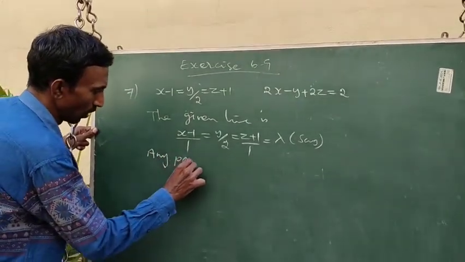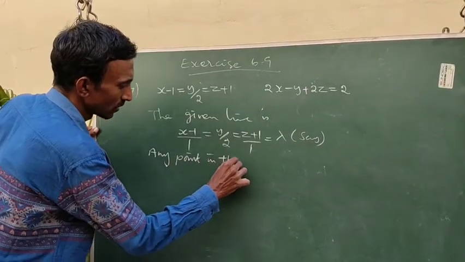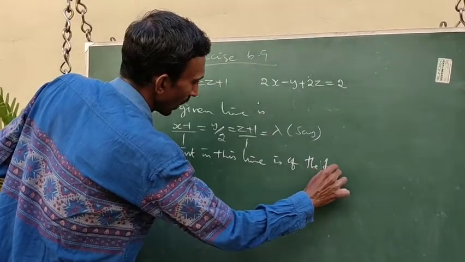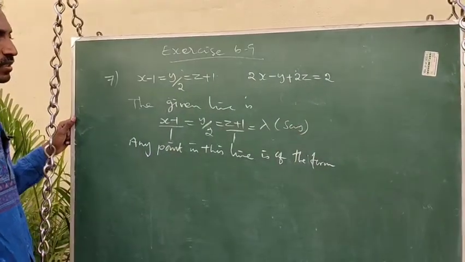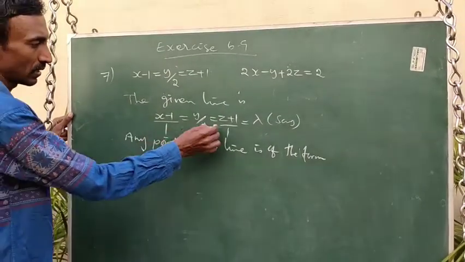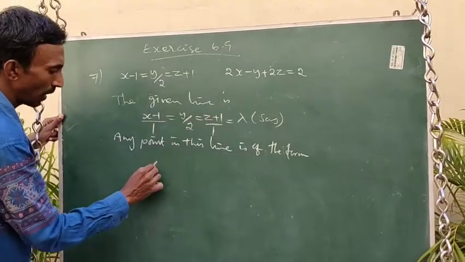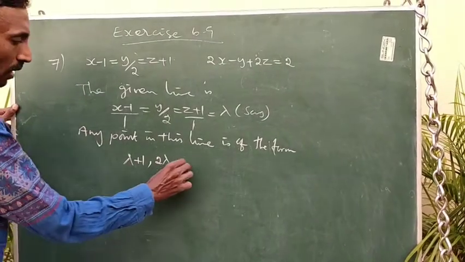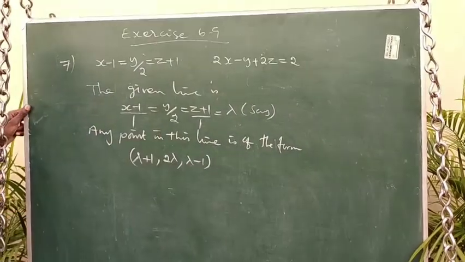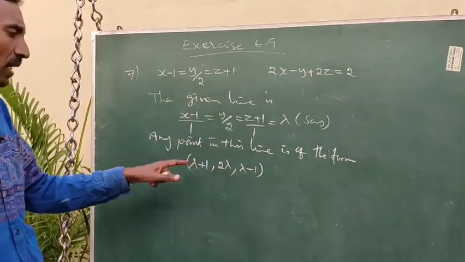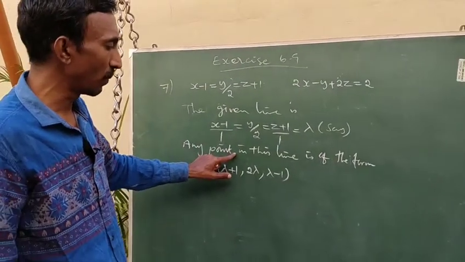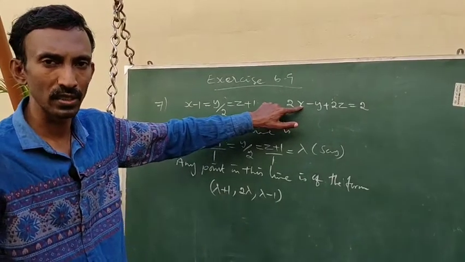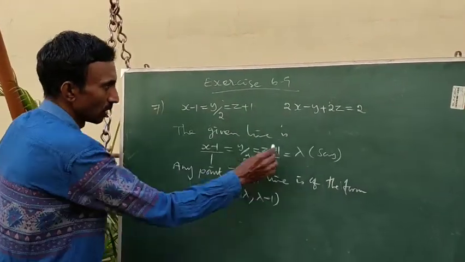Any point on this line is of the form (lambda + 1, 2 lambda, lambda - 1). Since it is a point of intersection, for some value of lambda it satisfies the plane equation. So, replace here.